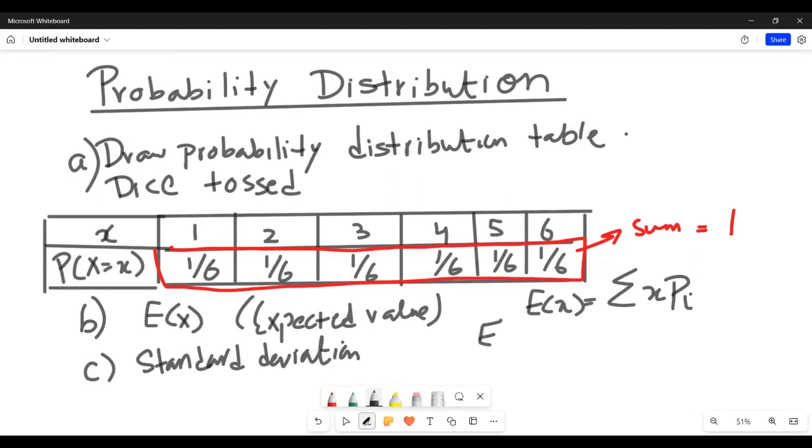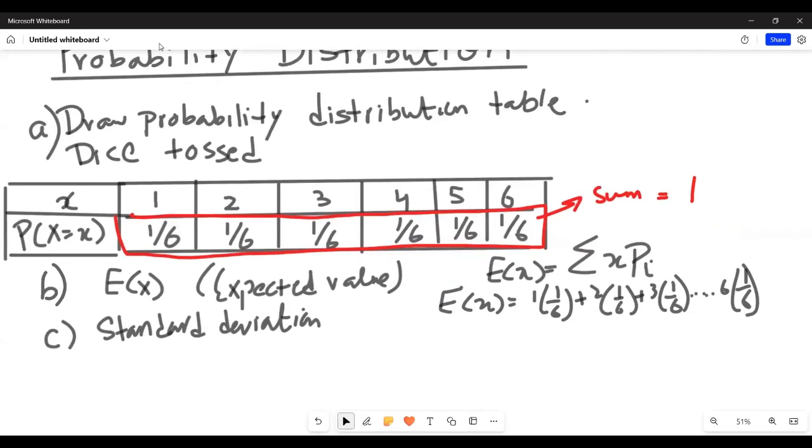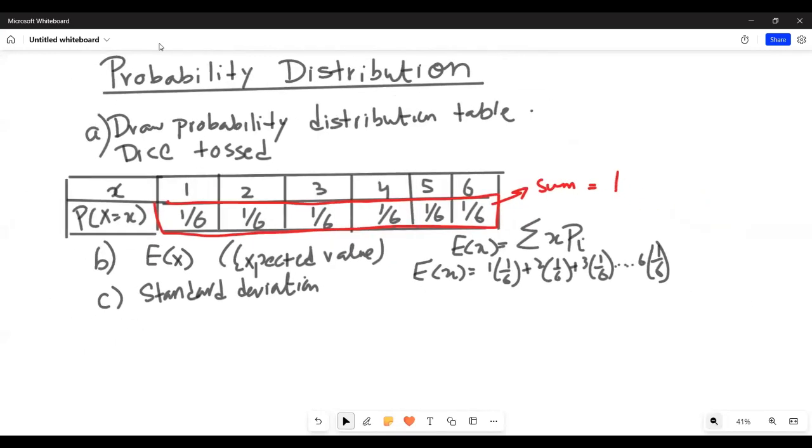So how do we find the expected value here? X, which is 1 times its probability 1 by 6, plus 2 times its probability 1 by 6, plus 3 times its probability 1 by 6, all the way till 6 times its probability 1 by 6. So whatever is the answer is the mean or the expected value.